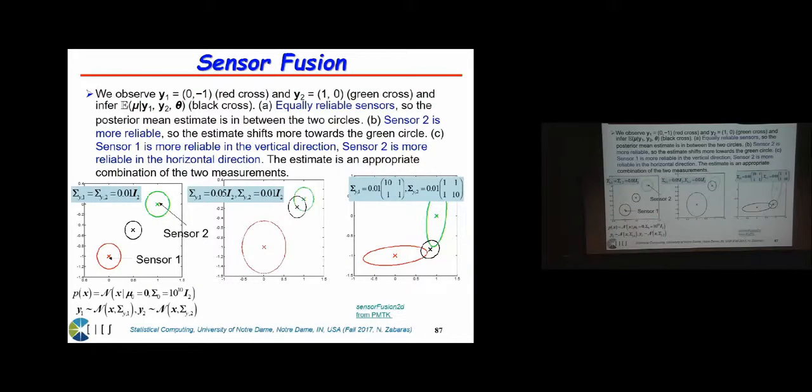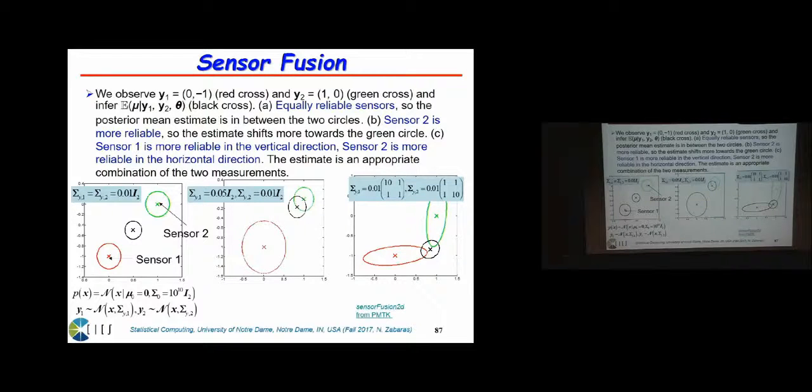Suppose the two sensors come from two Gaussians that have a different behavior. So for example, let's concentrate on this picture so we can finish it up. On the first sensor, it seems that the error in the location, which is this crosshair, is higher in the x direction, smaller in the y direction.